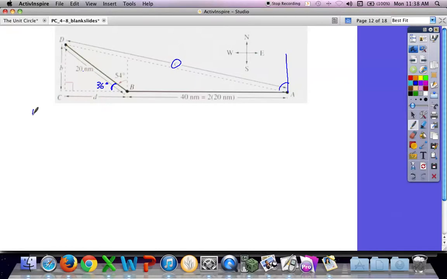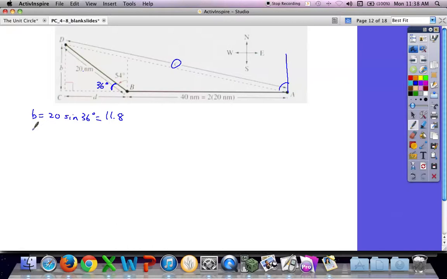So I'm going to save a little step here. I'll say B equals 20 sine 36, and I'm doing that with my calculator in hand. 20 sine 36 is 11.8. I'm going to round to one decimal place.